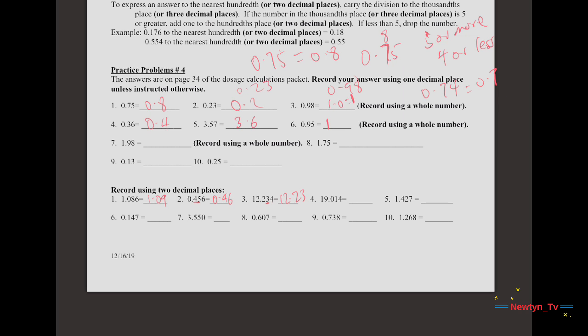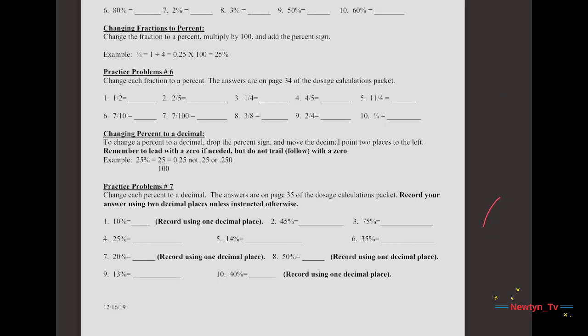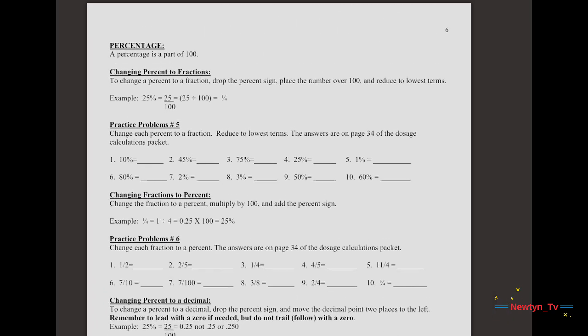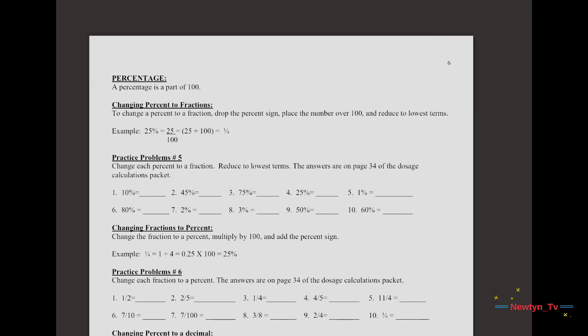Let's look at the next concept here. So the next concept we are going to talk about is percentage, right? A percentage is a part of 100. So if you have 25%, which means it is 25 on 100, right?